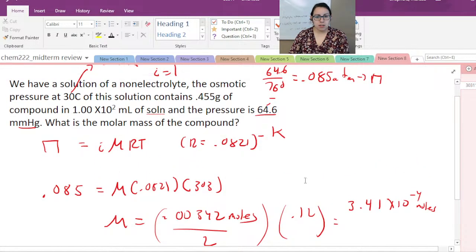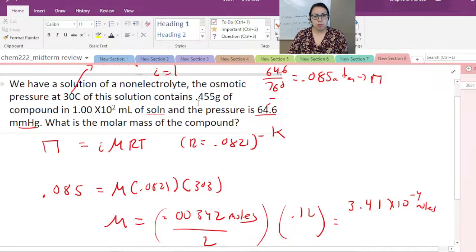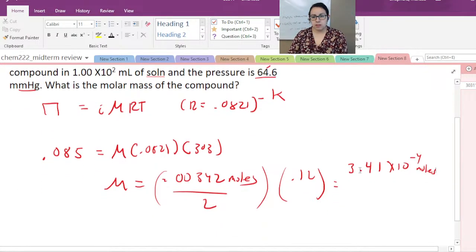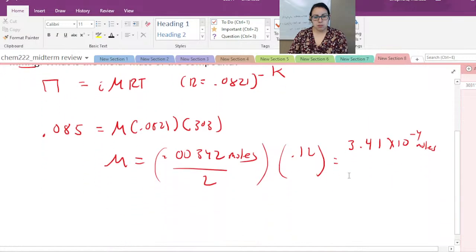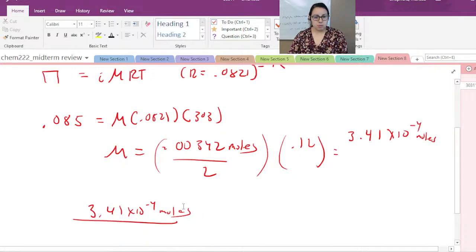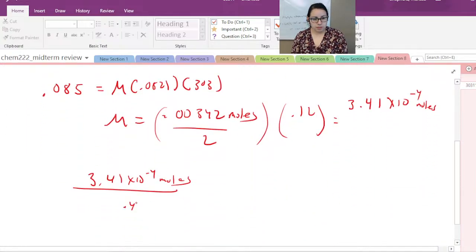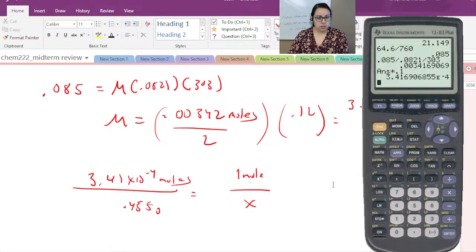And so then we could set up a proportion. We have 0.455 grams of compound is this many moles, or grams per mole. So what do we get for our molecular weight? 0.455 grams per 1 mole, so we could set up a proportion like we did, or divide.